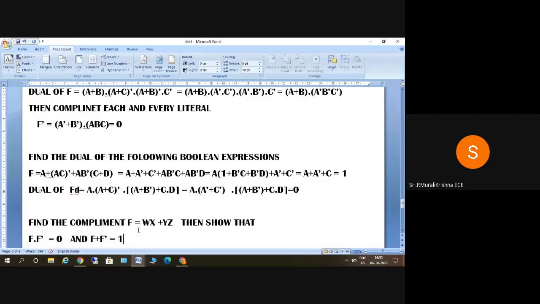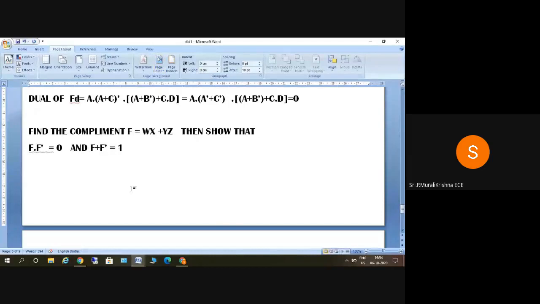You can prove that with the help of some theorems. So coming to the complement, the complement is found out using the duals. Once you find the dual, you can go for the complements.